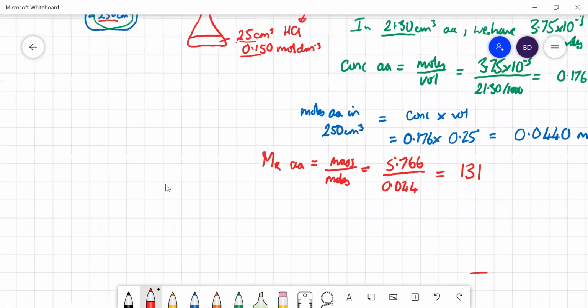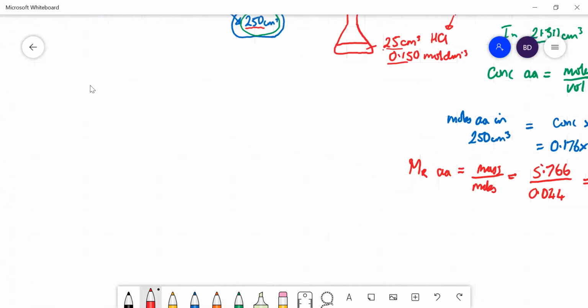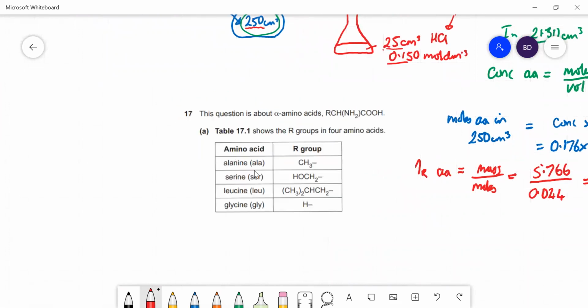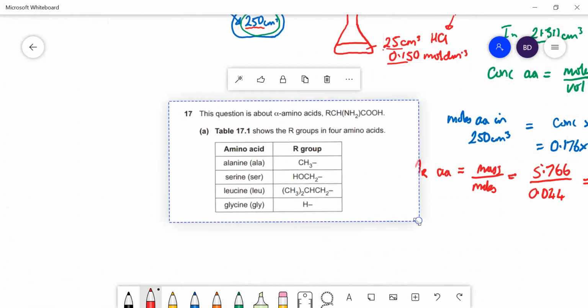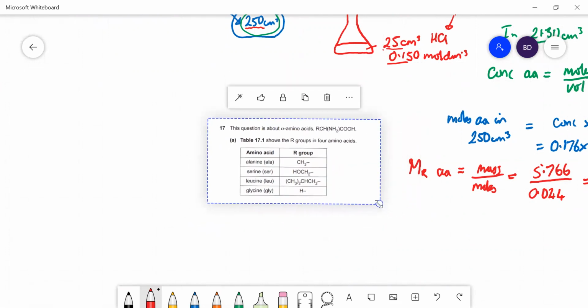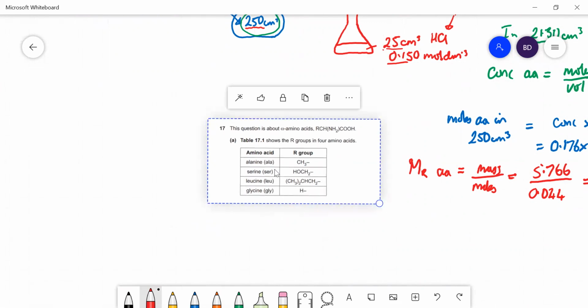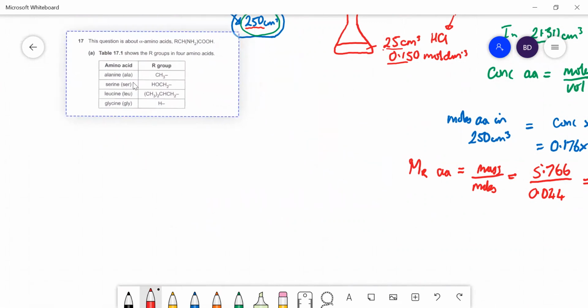Right, I'm going to move over here so I've got some space. Just paste in that table there. There's our amino acids. Right, so I'm going to draw an amino acid and work out.